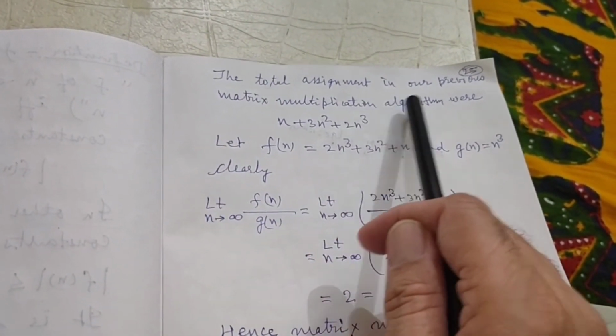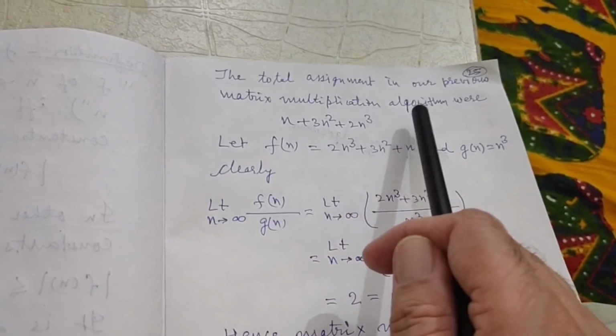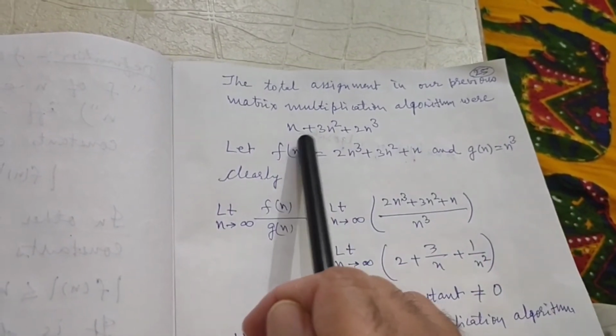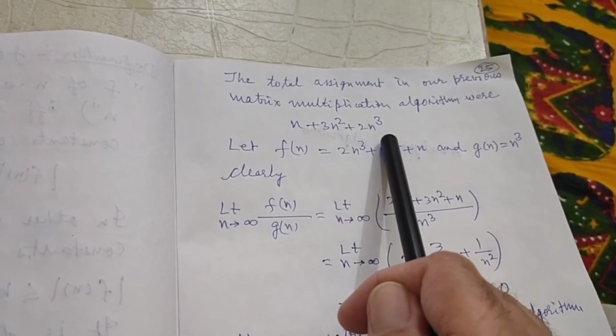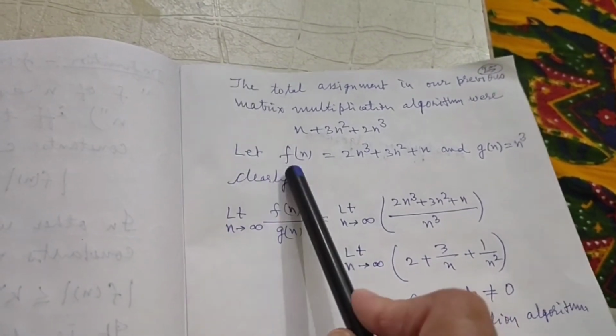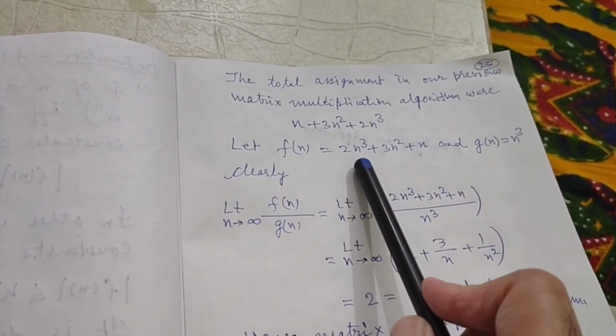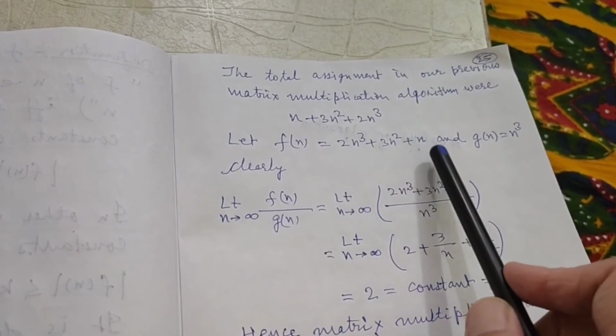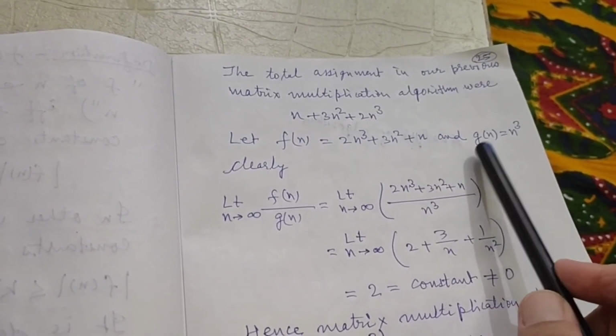Total assignments in our previous matrix multiplication application were n plus 3n square plus 2n cube. Let f(n) equal 2n cube plus 3n square plus n and g(n) will be n cube.